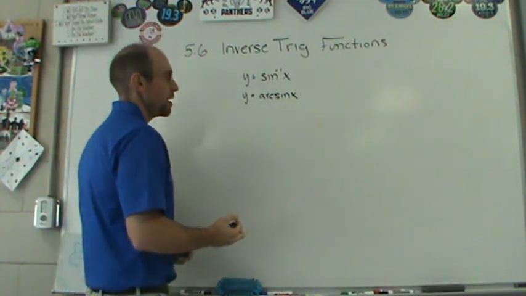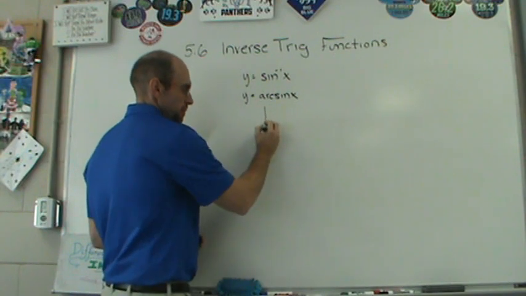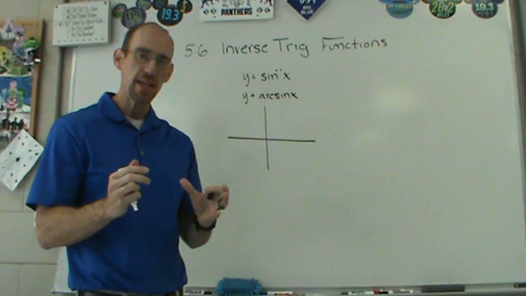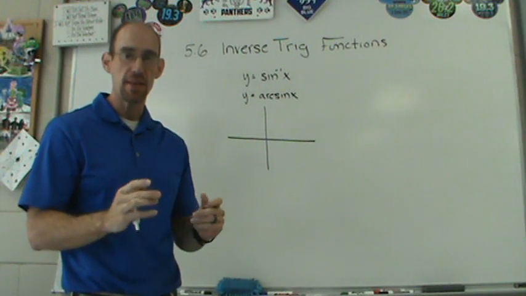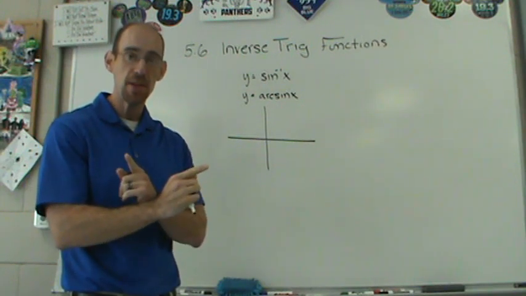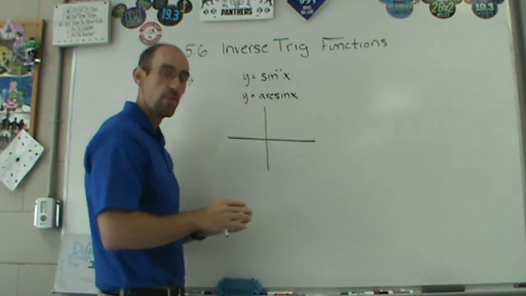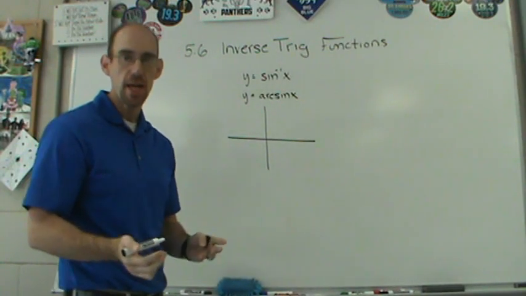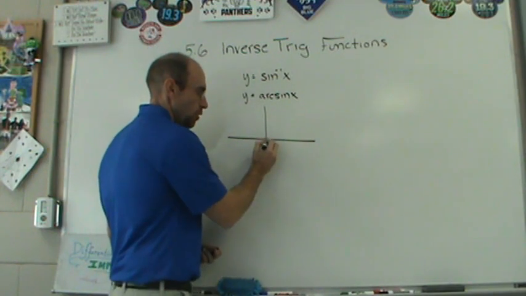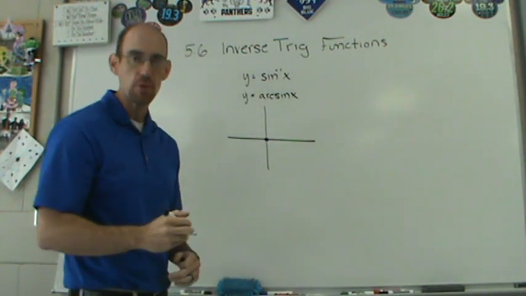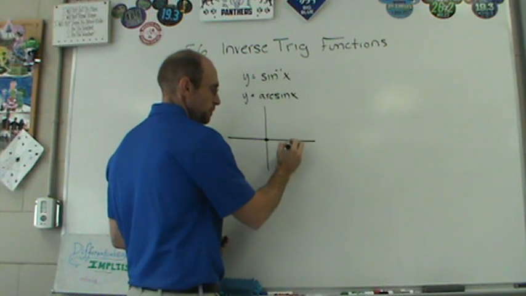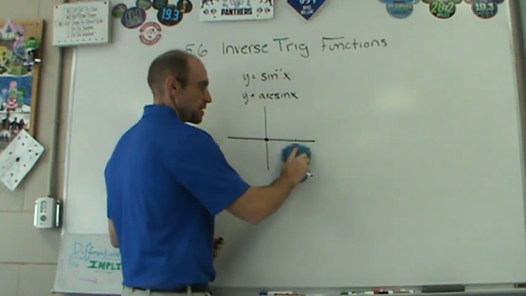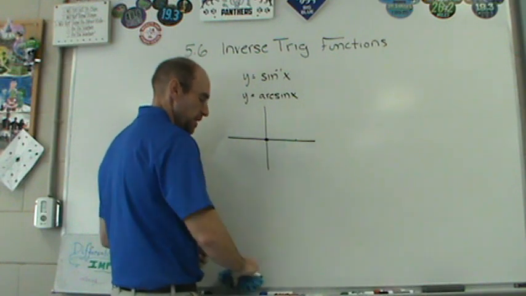Okay. Now, the graph for this, as I was saying, is if you were to take all the values of sine, the x's and the y's, and you flip-flop them, that will give you the points on this graph, but we have to limit it. So if we start with 0, well, (0, 0) is on sine, we can flip that, that doesn't do a whole lot. So let's think about pi over 2. Pi over 2 on the x-axis would usually give us 1 for sine.